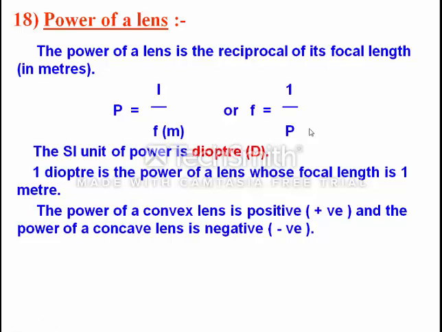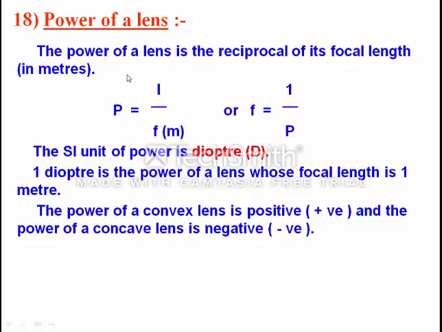Many times in your board exam a question is asked: what do you mean by 1 diopter? So P is equal to 1 upon F. If we make the focal length F equal to 1 meter, then P will also be equal to 1, that is, 1 diopter.